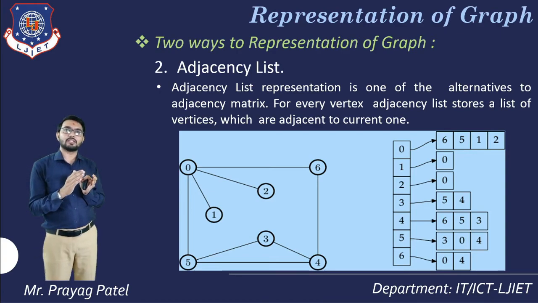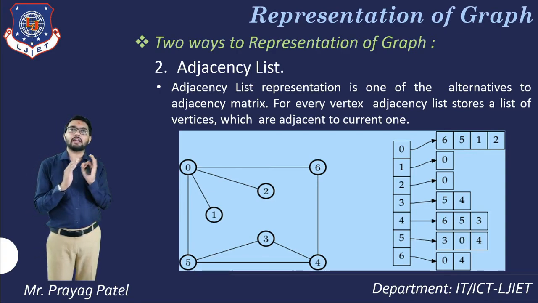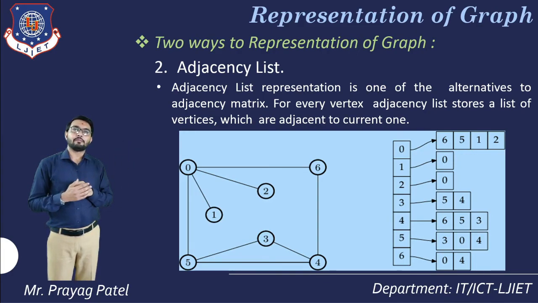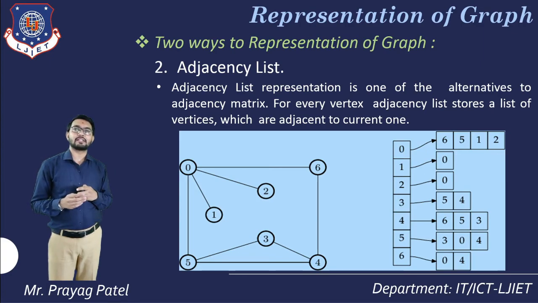In the 2 row, consider which nodes are connected with node number 2, so here consider the 0. For the third, node 3 is connected with 4 and 5, the fourth node is connected with 6, 5 and 3, the fifth node is connected with 3, 0 and 4, and the sixth node is connected with 0 and 4. So you can represent your graph using an adjacent matrix as well as an adjacent list.